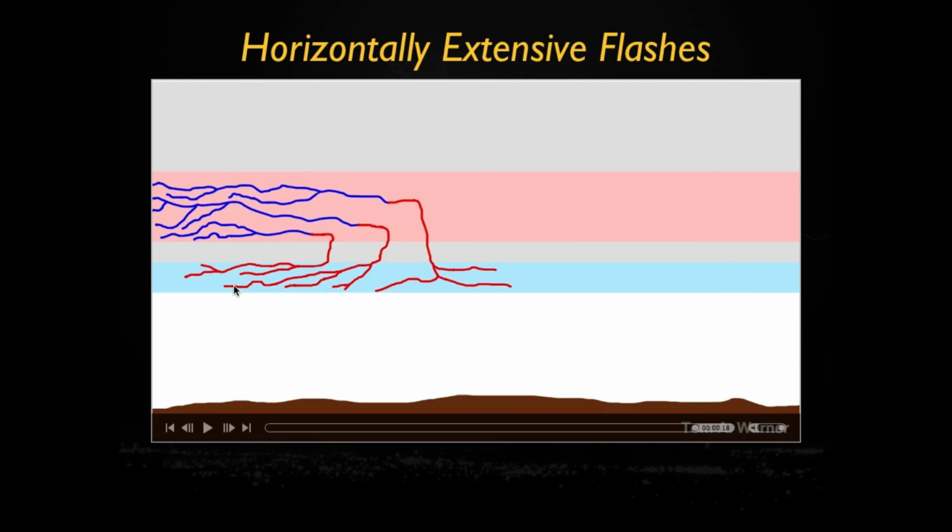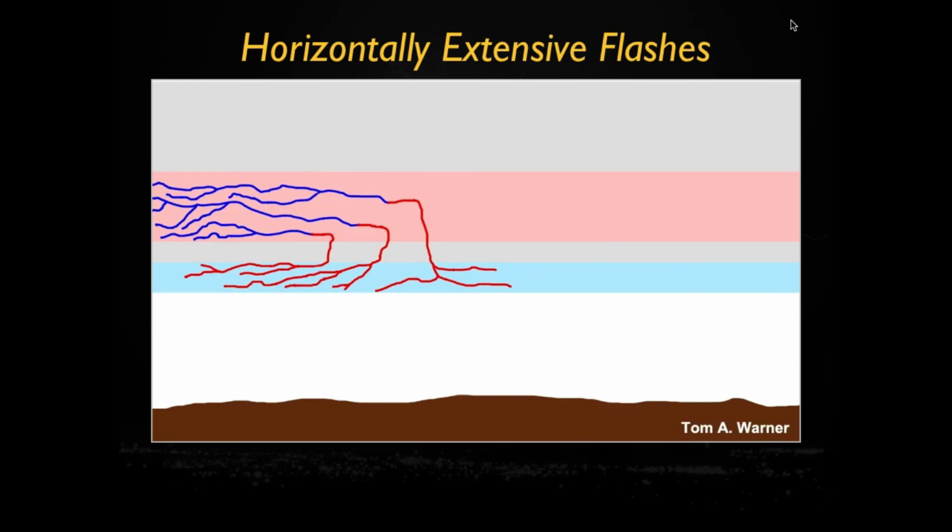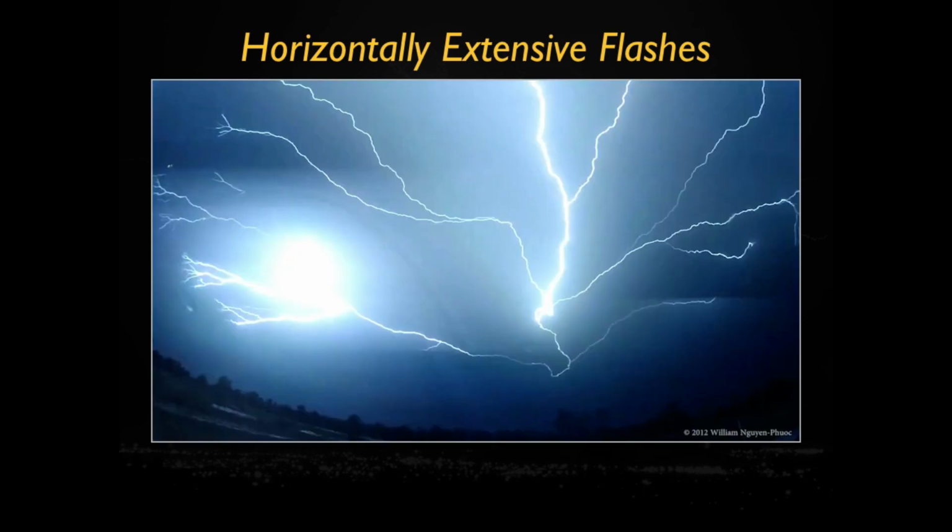In some cases, if these leader branches decay and then become cut off, we can get recoil leaders that initiate back along these positive leader paths, and a number of other things can happen in the same type of flash.